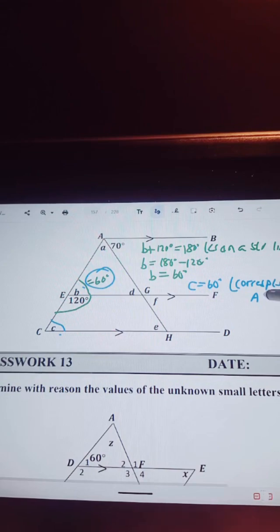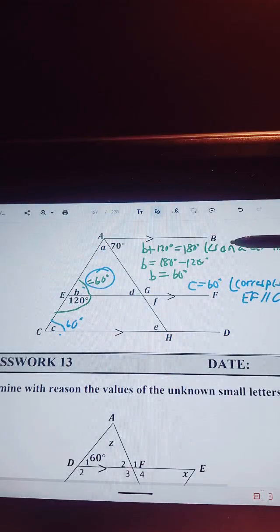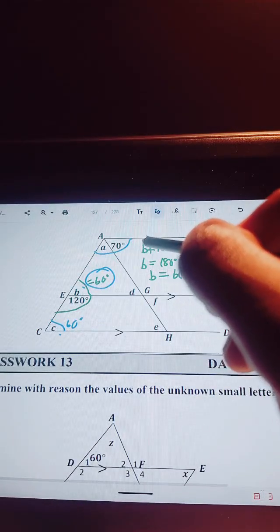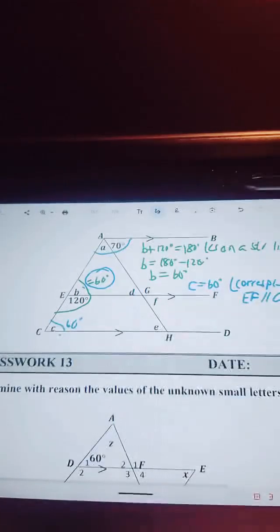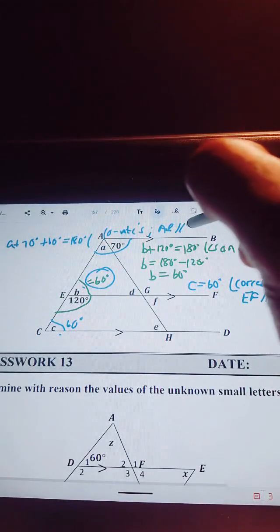EF is parallel to CD. Or you could use co-interior angles. It really depends. Then to find A, there are two ways. I could say A plus 70 plus 60 is equal to 180, co-interior angles, AB is parallel to EF.